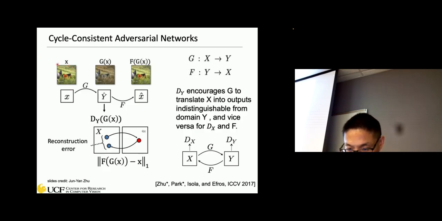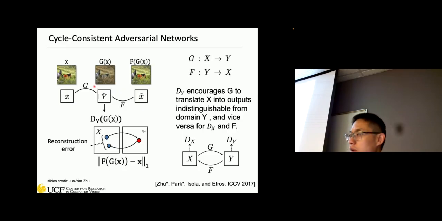Let's look at X, which is the horse image, and we will have a generator. Let's call this a zebra generator. From X, we generate a zebra image, so we have G(X), which changes the horse to a zebra image. And now we have another generator.